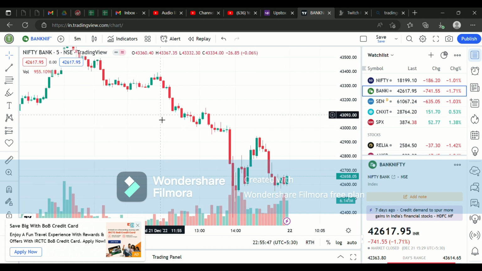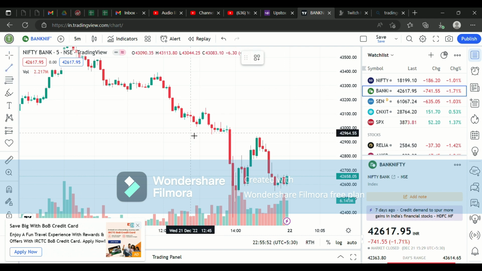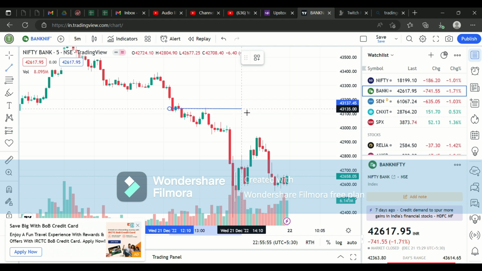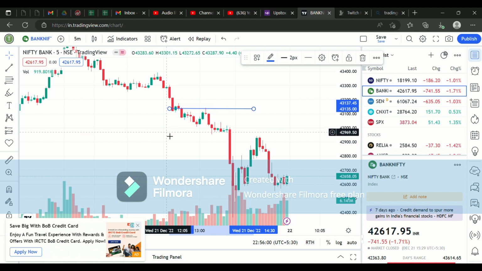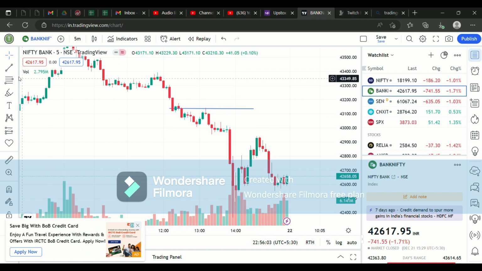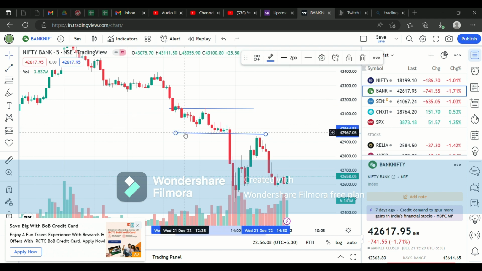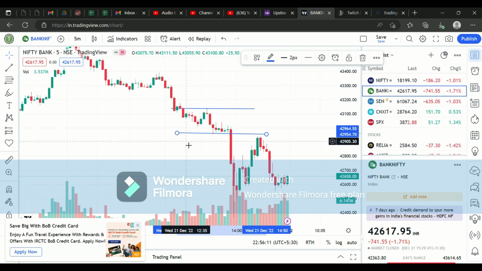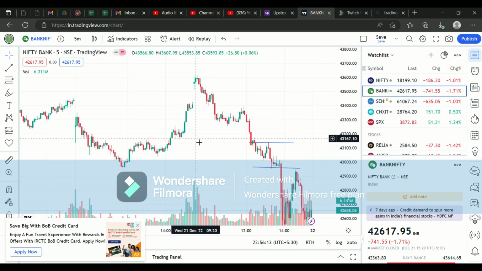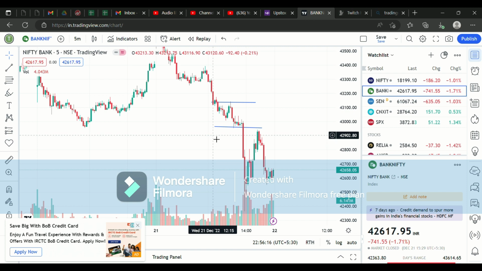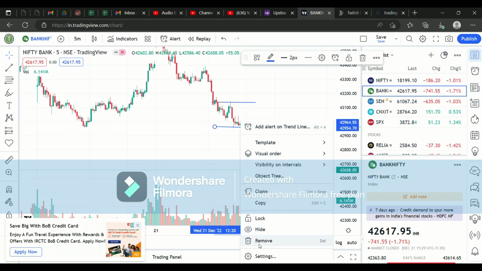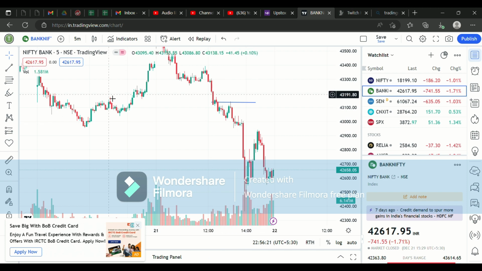Then in the 5 minute chart, I observed that it was a range like this and this. So this was the range in which the Bank Nifty was trading.